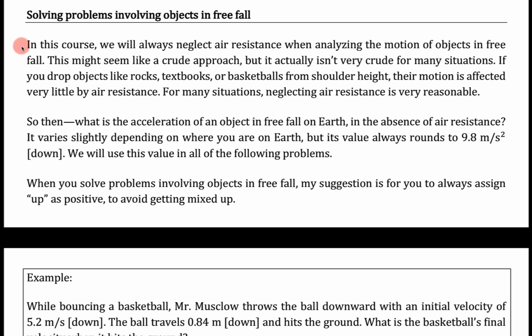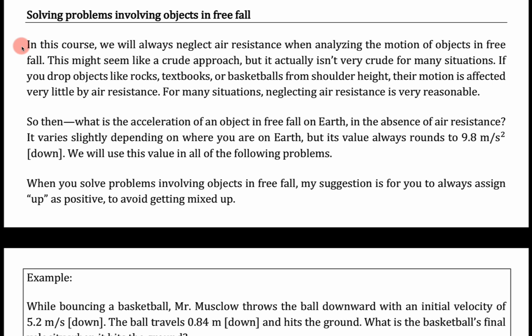So just to be clear, in this course, we're always going to neglect air resistance whenever we analyze the motion of free-falling objects. Now, this might seem to be like an oversimplification. We've said that the motion of a falling feather is very much affected by air resistance. But this approach actually isn't very crude for many situations.